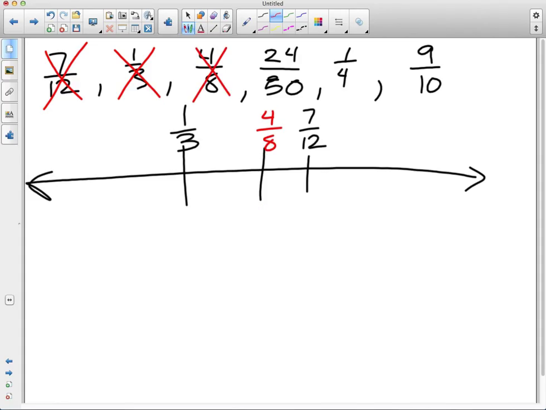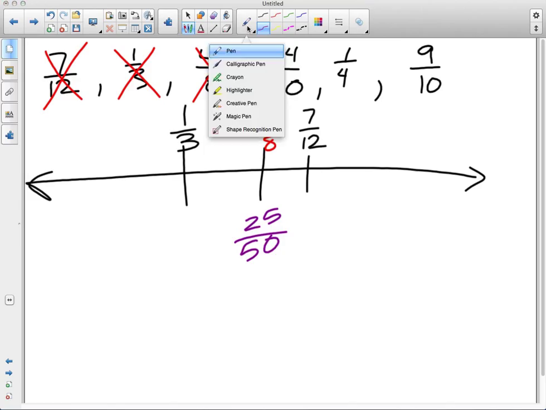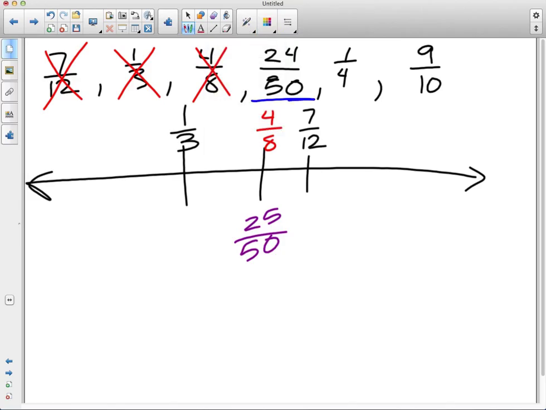And 24/50 is, so divide 50 and you get 25, and 24/50 is really close to the middle point, but it's not exactly. So if this is 25/50ths, we know that 24/50ths is, who said that? Yash, is what? Less than. Is less than 25/50ths.